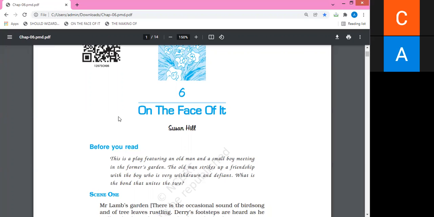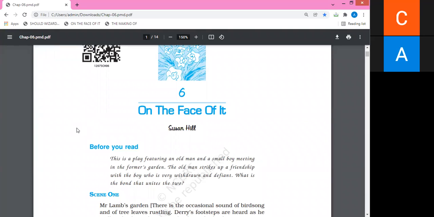On the other hand, the boy, Derek or Derry, was a big sufferer because due to some accident, he had lost one part of his body.